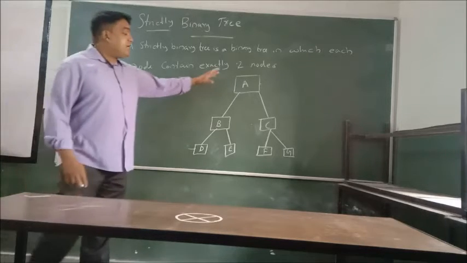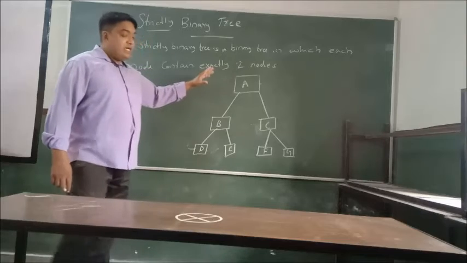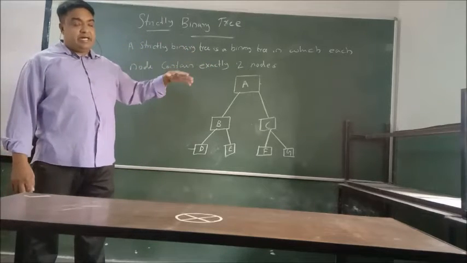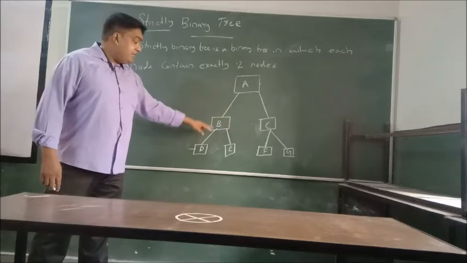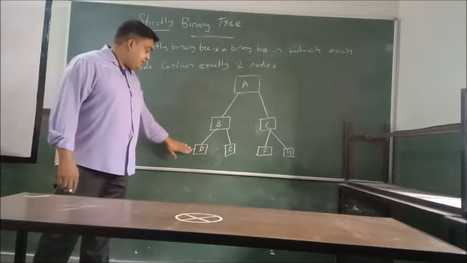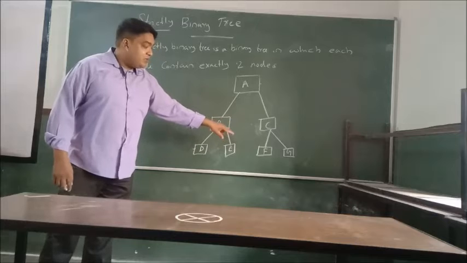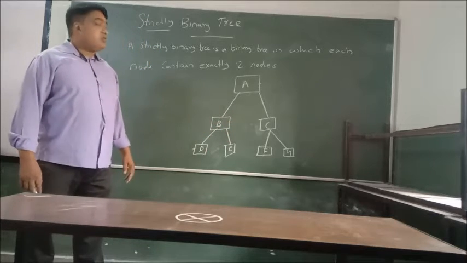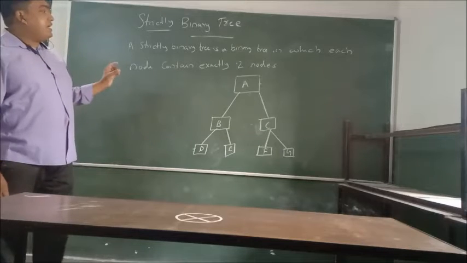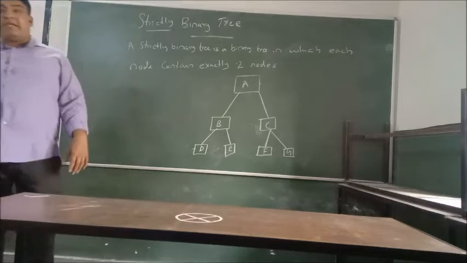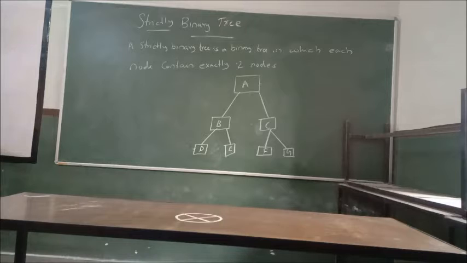Here you can see that if you take the nodes other than the leaves, A is having two children, B and C. B is having two children, D and E, and C is having two children, F and G. So a strictly binary tree means a binary tree in which each node contains exactly two nodes.